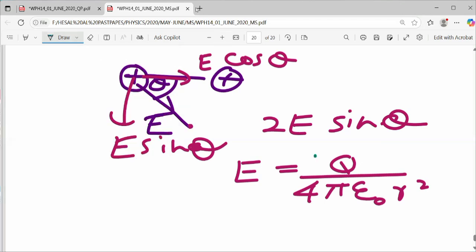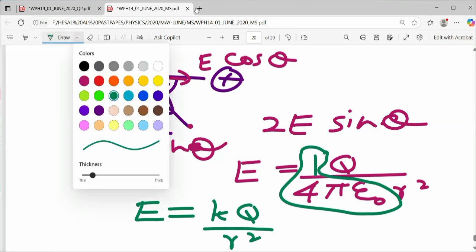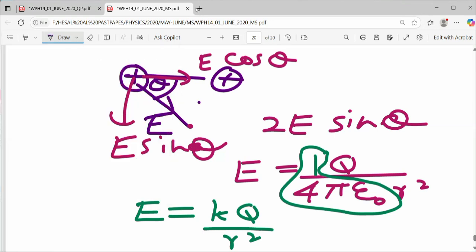What is given by this? It is Coulomb's constant. Simply, I can write E equals kQ over r squared. Think, if we keep a charge here, it may be positive, it may be negative. If I keep a charge, does it affect the electric field acting here? No, it does not.